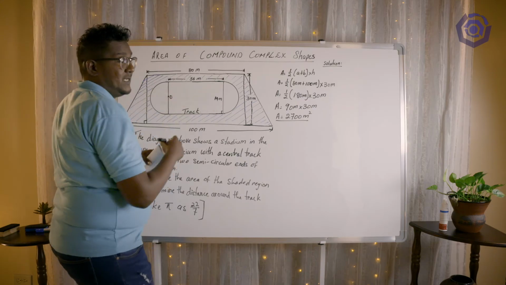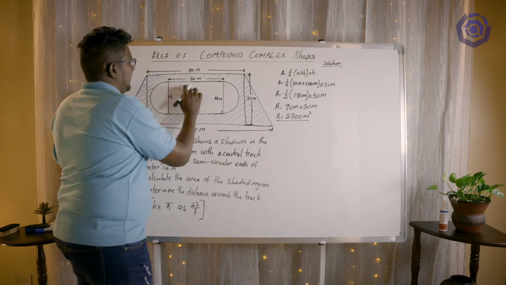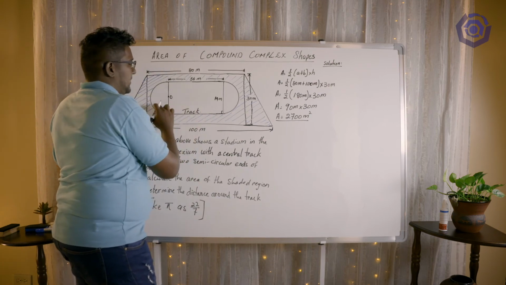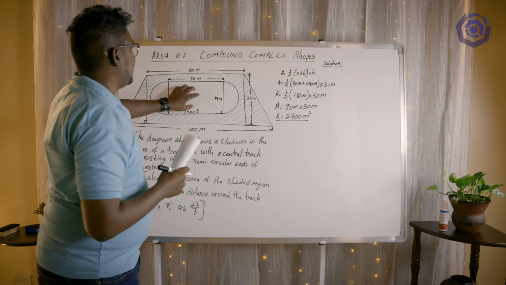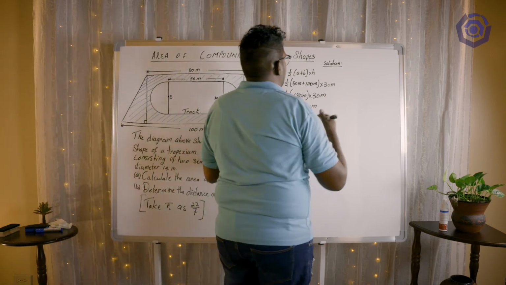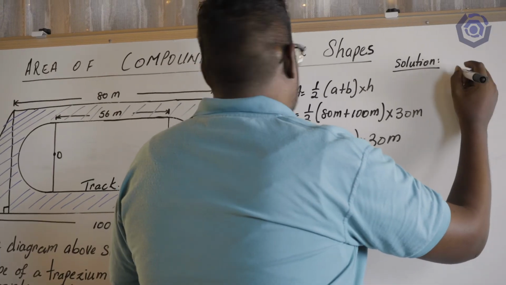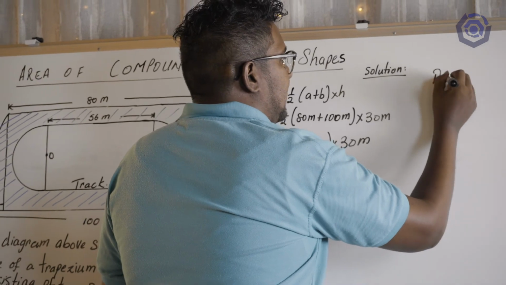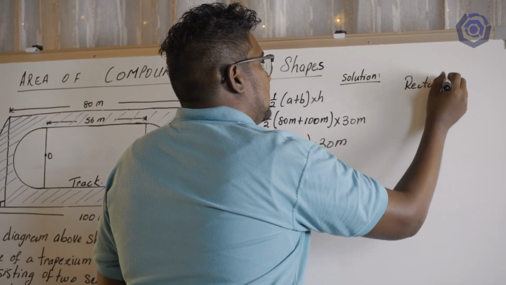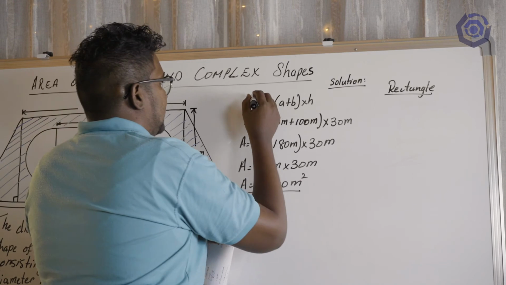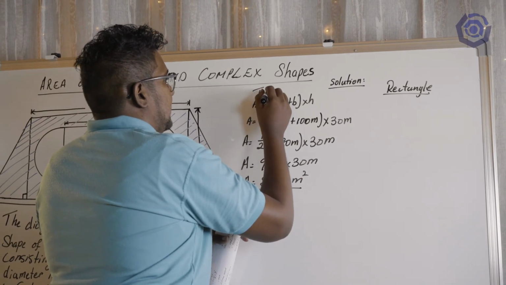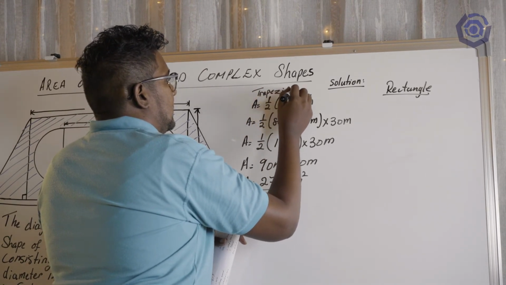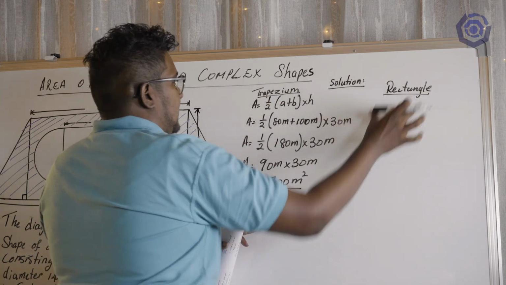Now let's go into the area of our little shapes, which would be the rectangle and the circle. So let's look at the rectangle first. Let me just write rectangle, and let me just put trapezium up here. Remember, this is my big shape and now these are our little shapes.